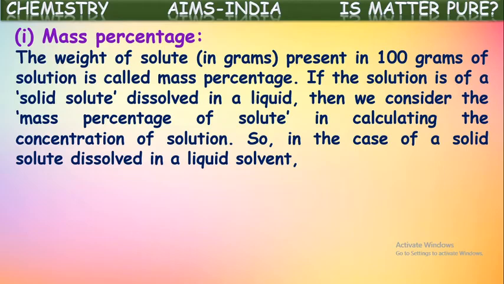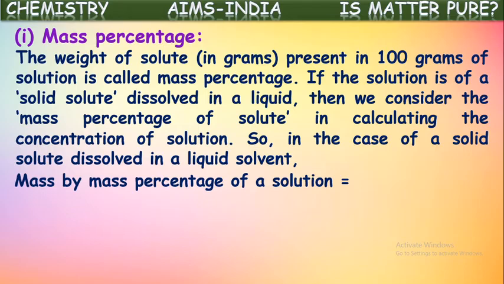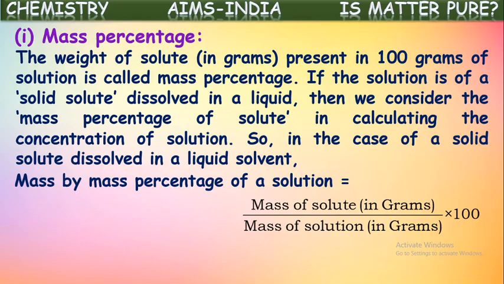So in the case of a solid solute dissolved in a liquid solvent, the mass percentage can be expressed by using the formula: mass percentage of a solution is equal to mass of the solute divided by mass of solution taken in grams, into 100. This gives the mass percentage of the solution.